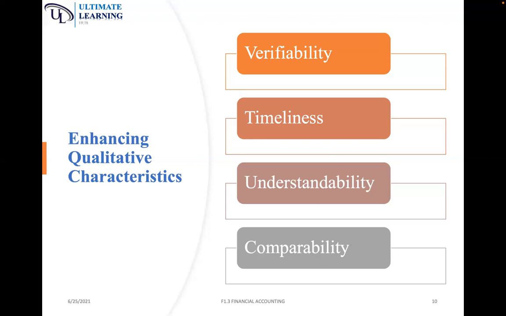In other words, we can have independent people who can review the information prepared, and they conclude that the information prepared is as it is. If they can be reviewed by some people who are objective, who are not biased, in that case, we say we have met the qualitative characteristic of verifiability.